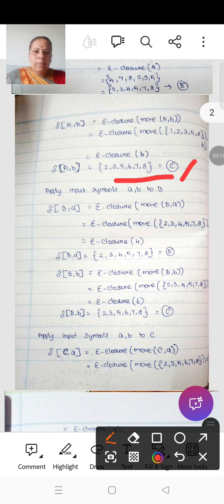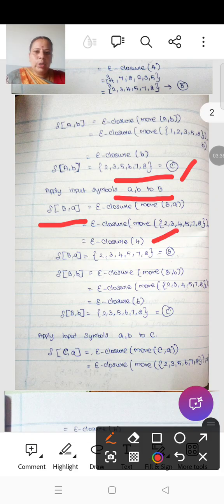Now we need to apply the input symbols a and b for the new state B. Here is the transition function of B comma a. After applying it, we get the epsilon closure of 4.